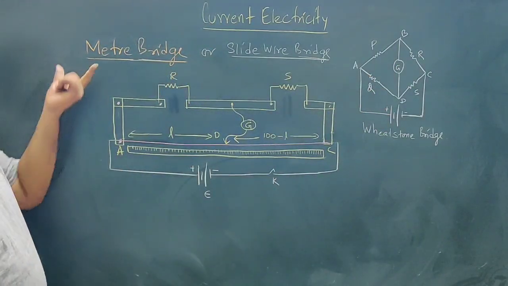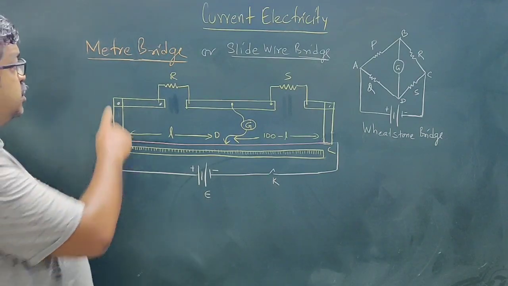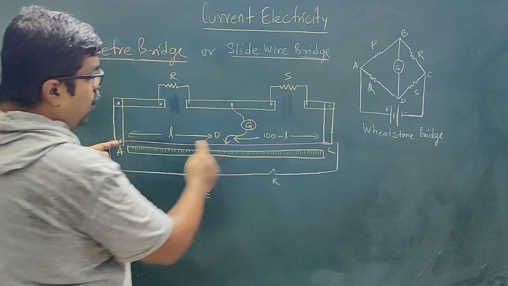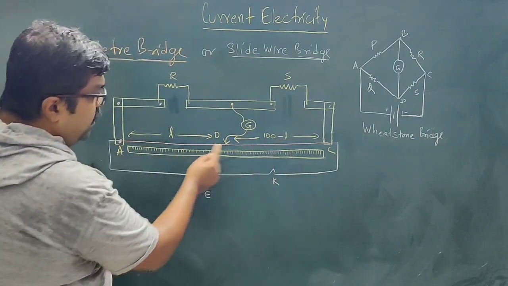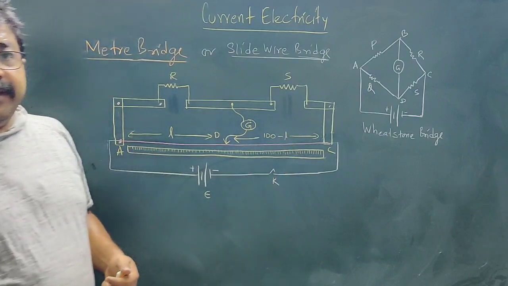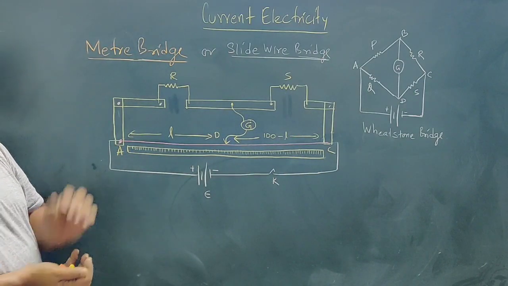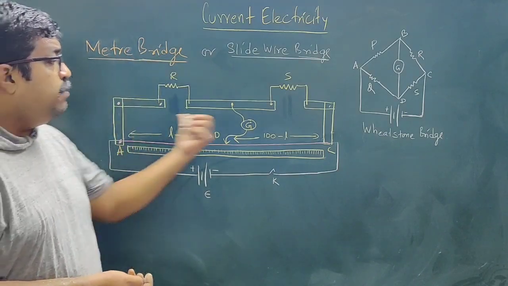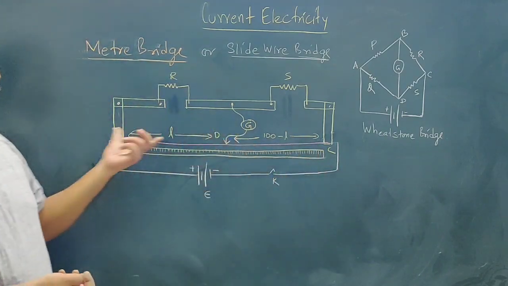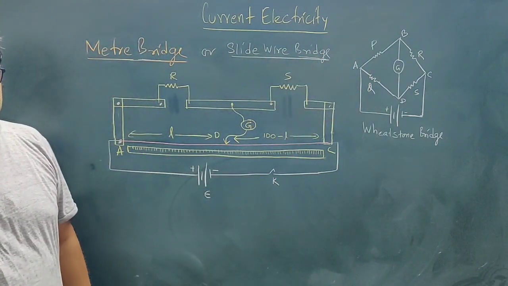Now why the name meter? The name meter is because this device uses a 1 meter long wire. This pink color line that I have drawn here is a 1 meter long wire. So because of that, it is called meter bridge. It works on the Wheatstone bridge principle.